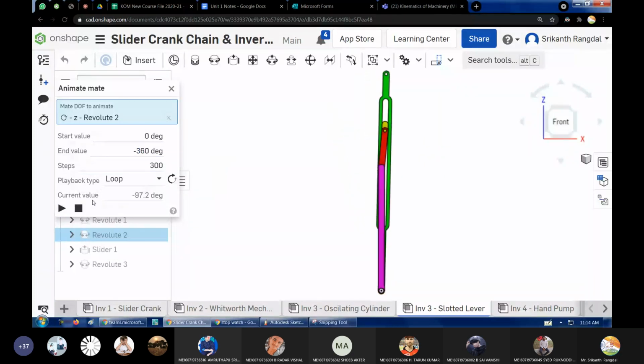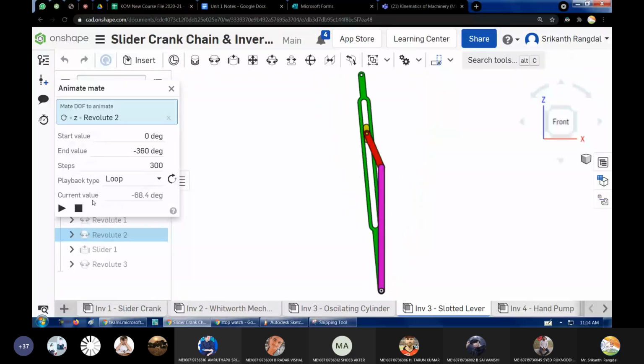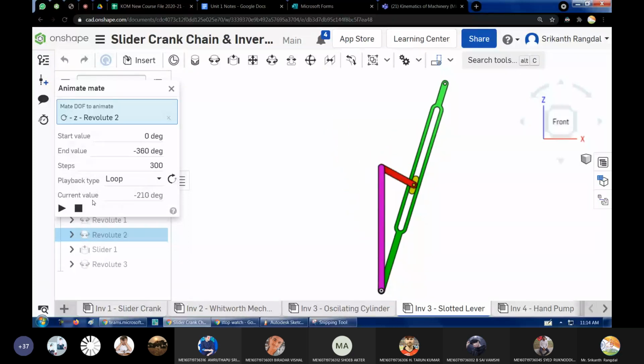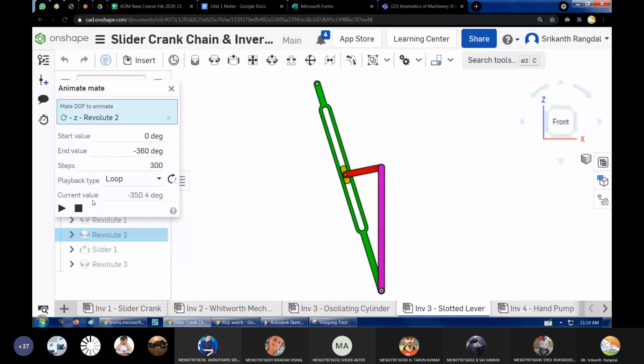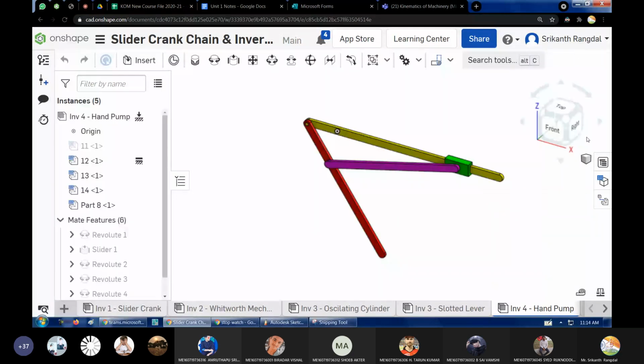So forward motion is taking slowly, backward motion will happen faster. Okay, so this is the slotted lever mechanism, or also called as quick return mechanism.